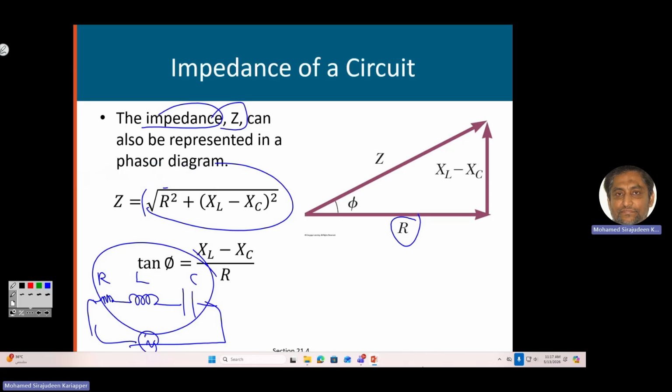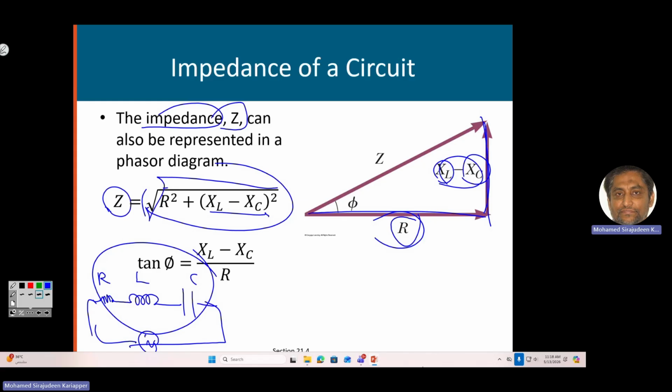So in the same way that we did for the voltages, we say the reactances are in the y-axis, L is in the positive axis, and C is in the negative axis. Therefore, Z is equal to the square of the X plus the square of the Y. Add them and take the square root. That will give you the total resistance.